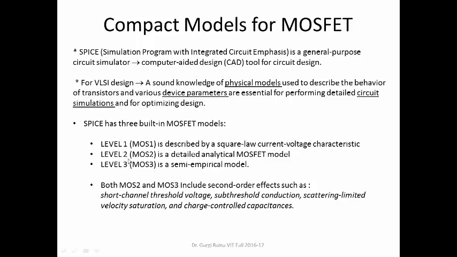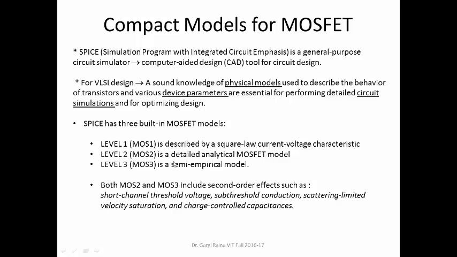Level 1 also called MOS1, level 2 called MOS2, level 3 called MOS3. MOS1 is described by a square law current voltage characteristic.